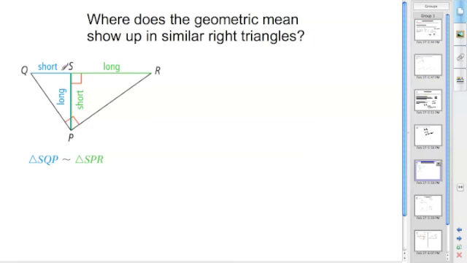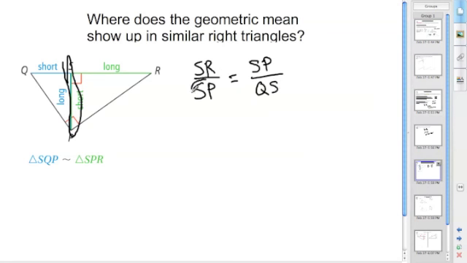It shows up right here in SP, because you have SP and the small, which is the long, getting compared to SR, and then SP and the other one getting compared to QS. So right here, the geometric mean is SP.